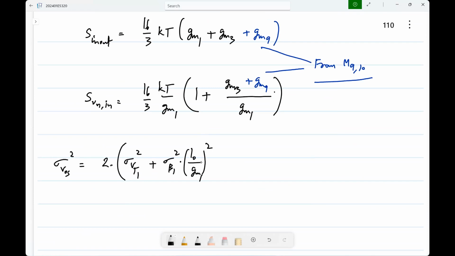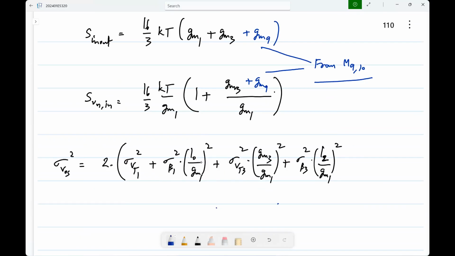So that part we will still see. And what else did we have? Sigma VT3 square times GM3 by GM1 square, plus sigma beta 3 square times, in this case, I2 by GM1 square.